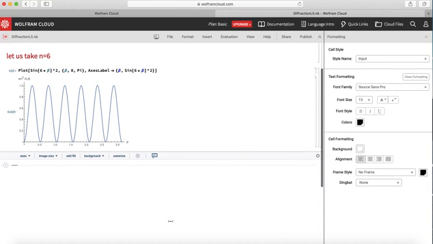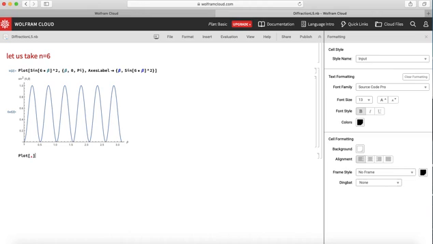Now let us plot sine square beta. Plot sine, with the argument beta, and we'll make it square, comma. Now my beta varies from 0 to pi, and I would like to label my axes.